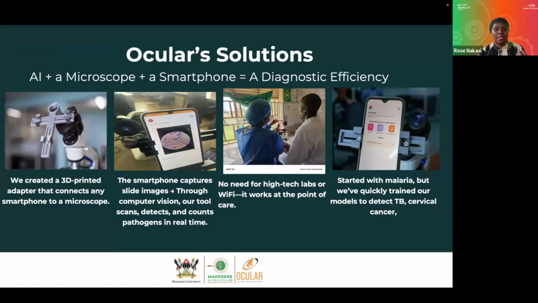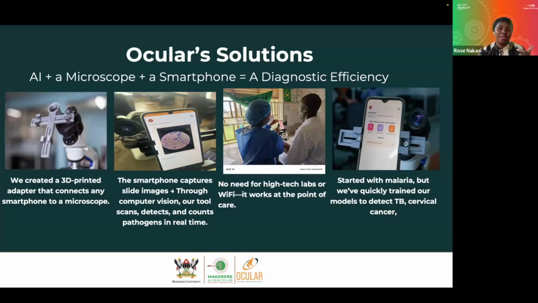So what that means is that if we have at least a microscope at every center, we also have smartphones, even in the most highly endemic settings like Africa. So can we utilize the availability of that equipment, coupled with emerging technologies such as artificial intelligence, to support disease diagnosis?